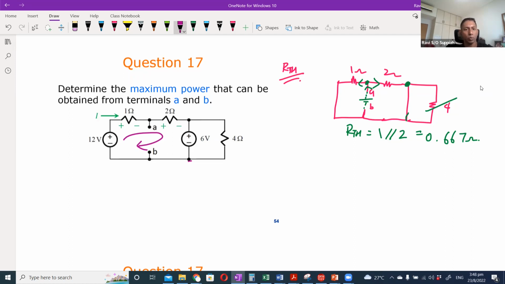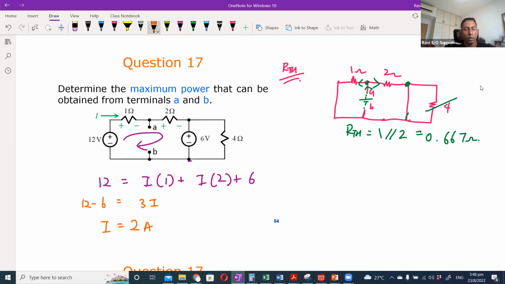So you can say that this 12 volt here is equivalent to this current multiplied by the 1 ohm plus the current multiplied by the 2 ohm plus the 6 volt. Again, this is based on you drawing it clockwise. If you draw it anti-clockwise, it's also the same. Then you can go ahead to solve. So 12 minus 6 will be equals to 3i. So I will be equals to 2 ampere.